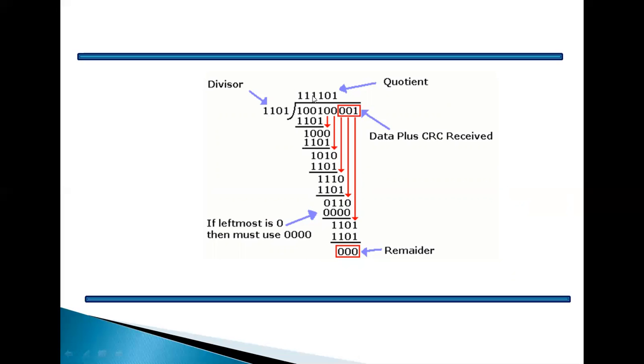Okay, multiplied 1, 1 1 0 1, 1 1 1 0, next multiplied 1, 1 1 0 1, 1 plus 1 0, 1 plus 0 1, 0 plus 1 0, next 0. Okay, if the leftmost is 0, then you must use the same technique, 0 0 0. So putting 0, last one, 1 into 1 1 0 1. Okay, the remainder is 0. That means the remainder is 0 means accepted. The data are accepted. Okay.